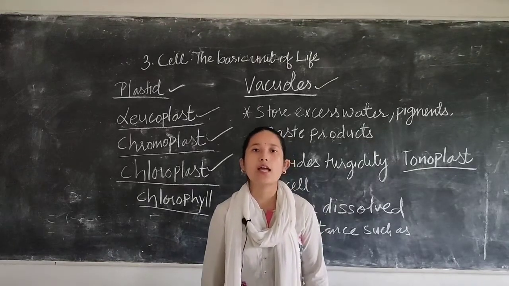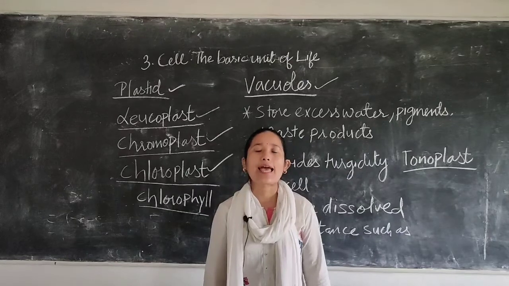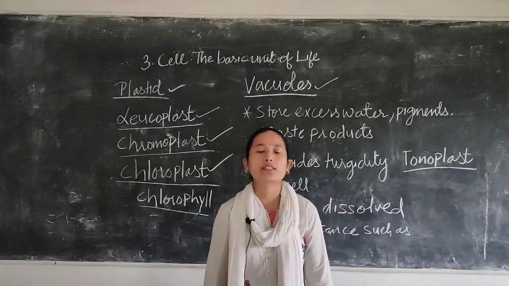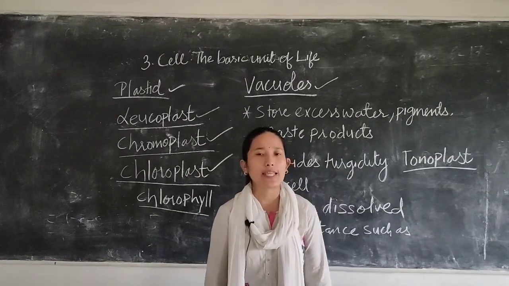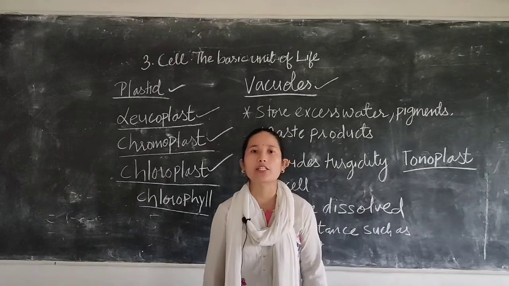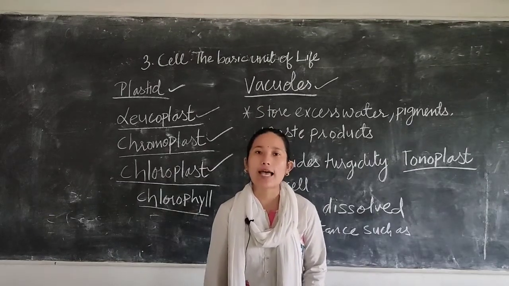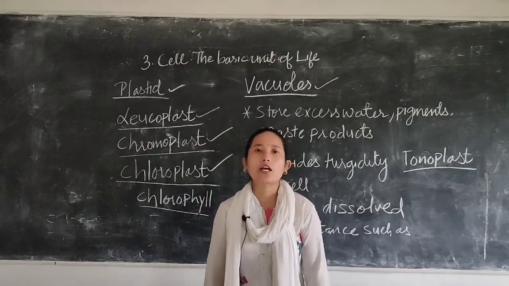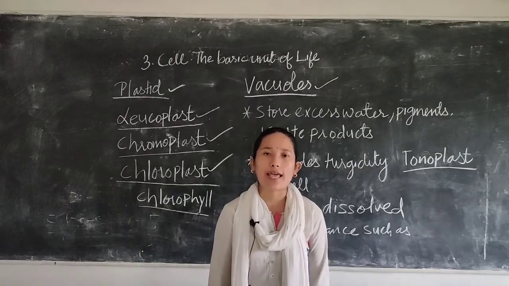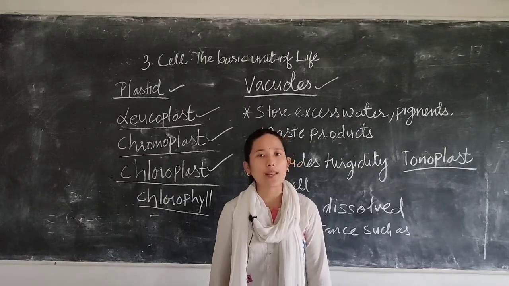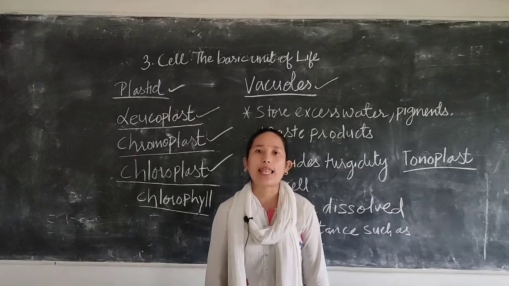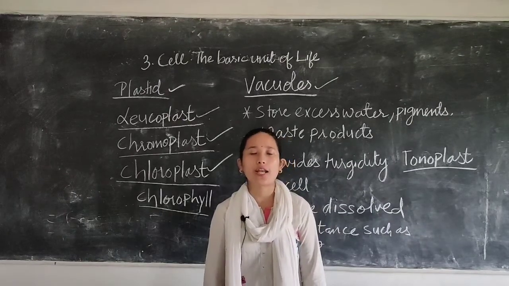Plant cells have large, centrally located vacuoles, whereas in animal cells, even if present, they are small. Animal cells have lysosomes and centrosomes; plant cells do not.